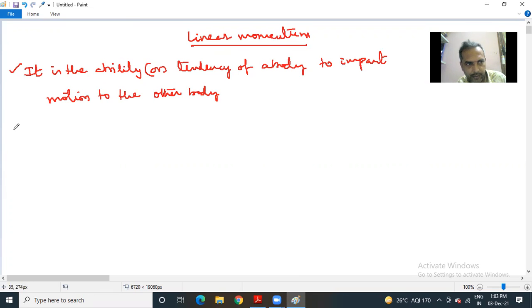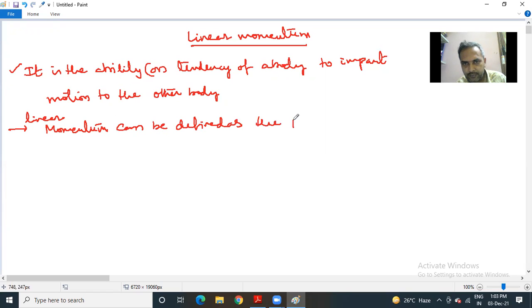Mathematically, linear momentum can be defined as the product of the mass of the body and its velocity.